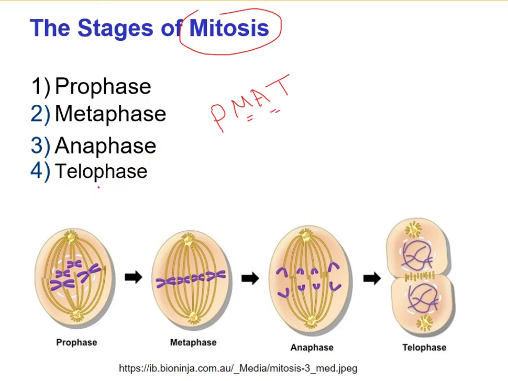But don't get too hung up on names. What's most important to understand is what is happening at each stage, which now we are going to focus on: what is happening during prophase, metaphase, anaphase, and then finally telophase.